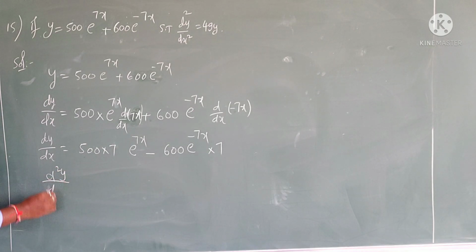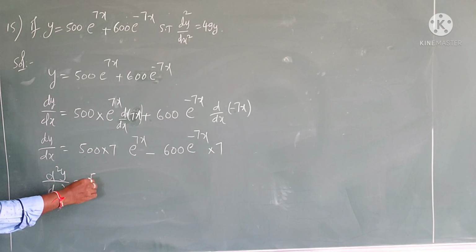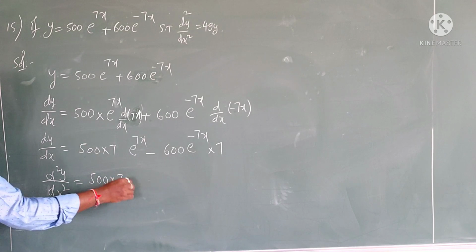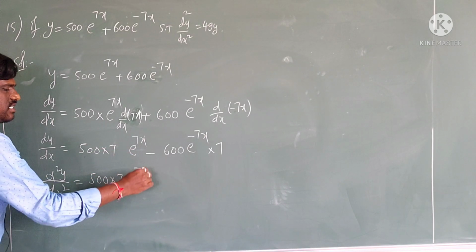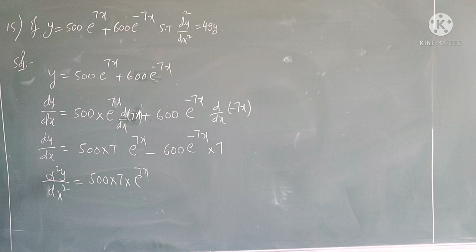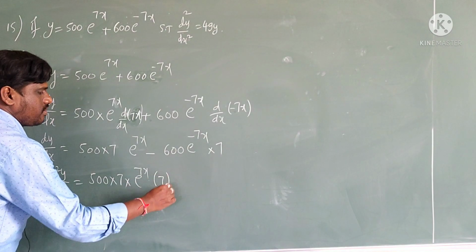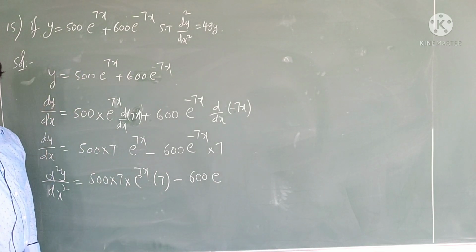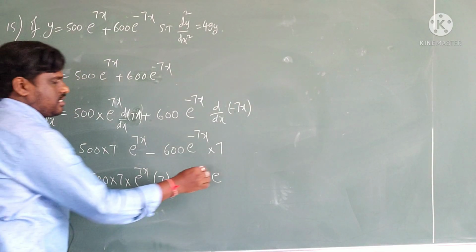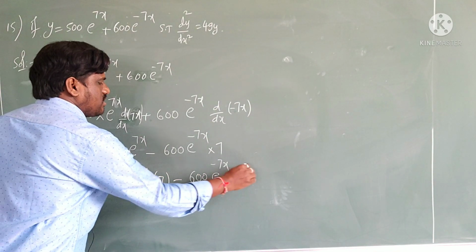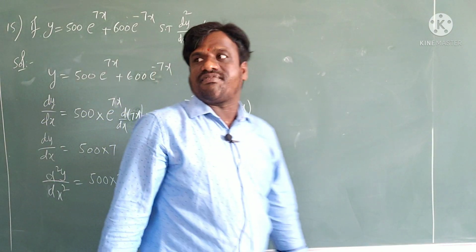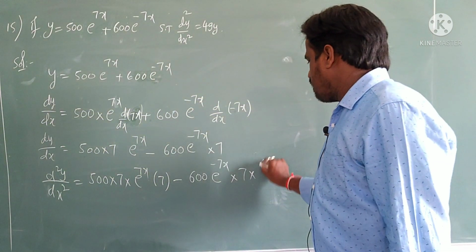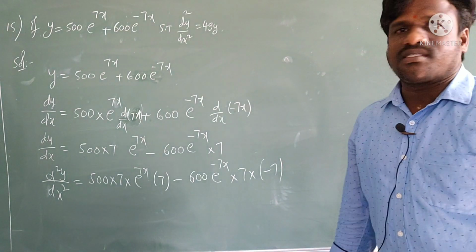d2y by dx square is equal to 500 into 7 e to the power of 7x, and the differentiation of 7x is 7, minus 600 into e to the power of minus 7x, and the differentiation of minus 7x is minus 7.